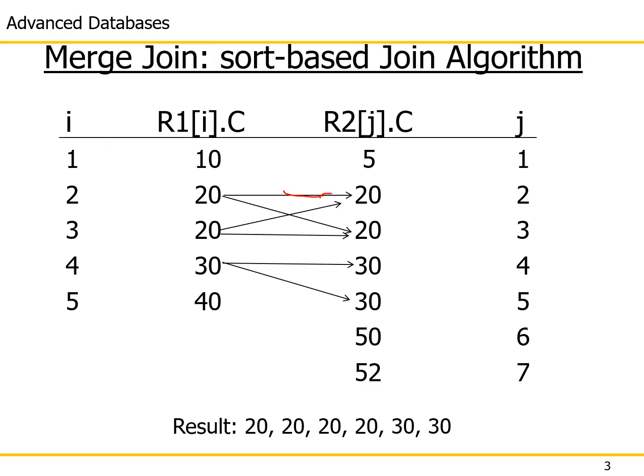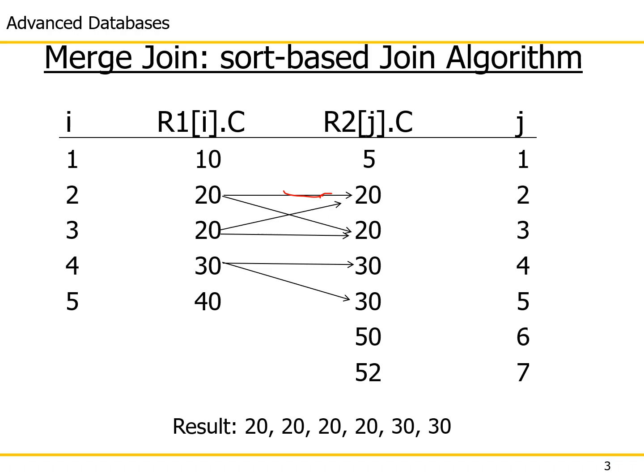Now, the technique we're actually going to look at today is called merge join, which is going to be the second technique we look at in terms of joining two relations. Now, what this technique actually does, it tries to be a little bit smarter working with the two columns involved in the join.